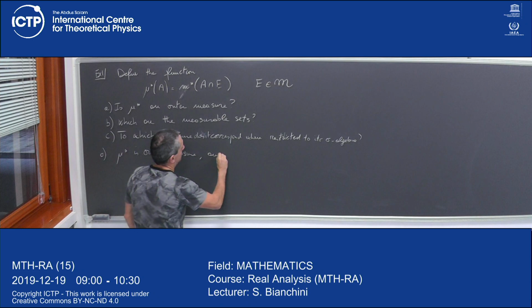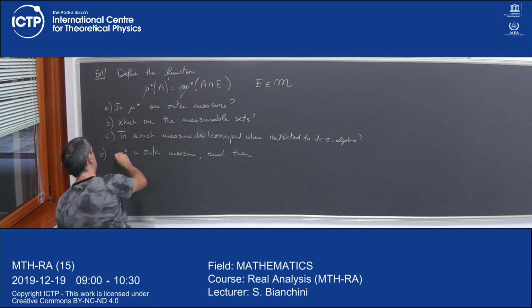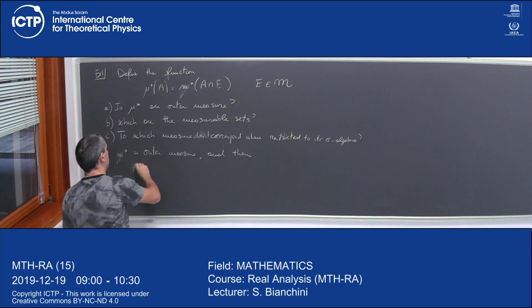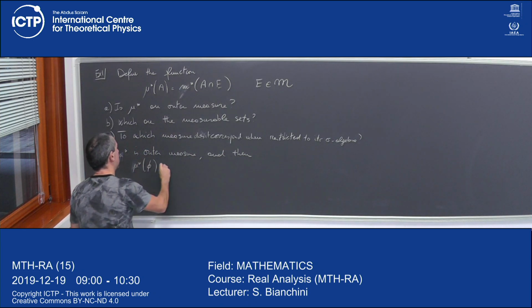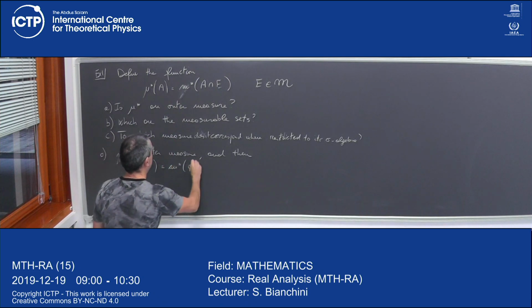Since M star is an outer measure, mu star of the empty set is clearly equal to 0, because it's M star of the empty set.